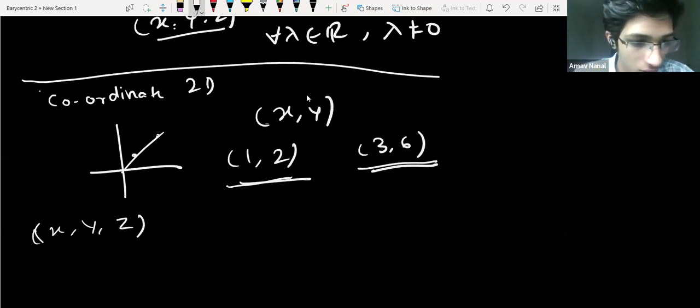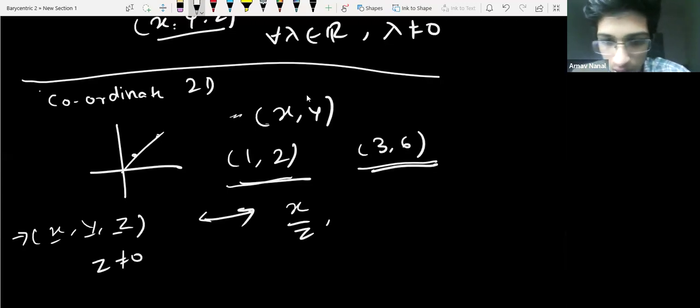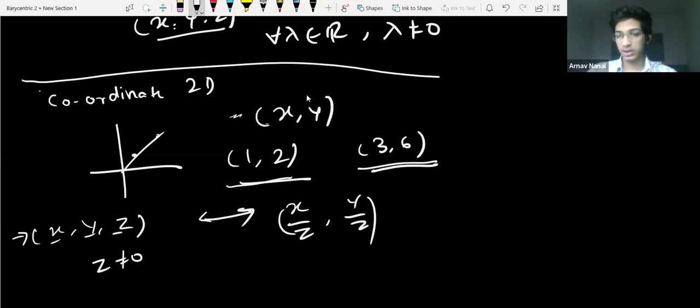We now denote each point by three coordinates x, y, and z, and if I translate back, this corresponds to x by z comma y by z, assuming z is not equal to 0. Does this make sense? Are these now scalable?